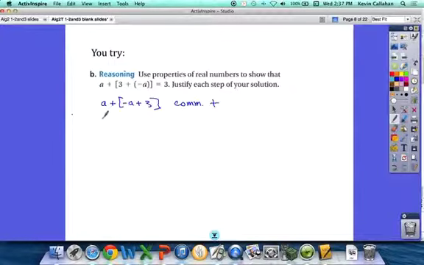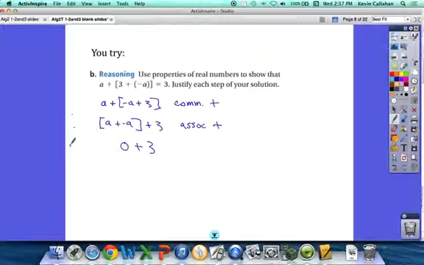Okay, now what property would I use that lets me group A plus negative A? What did I just change? The grouping. The grouping would be associative. All right. A plus negative A is 0. What property did I just use?